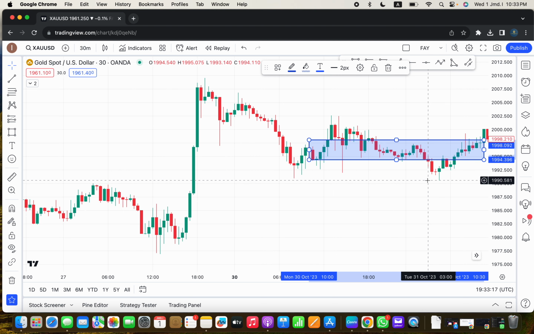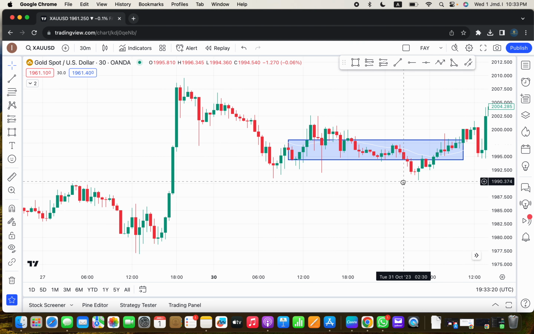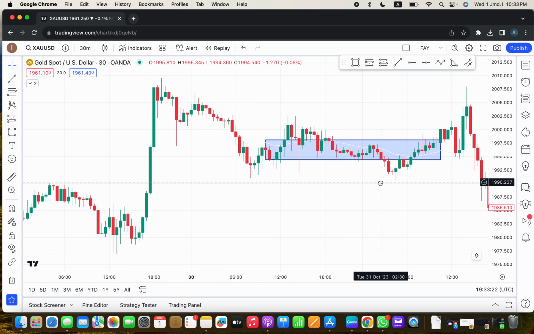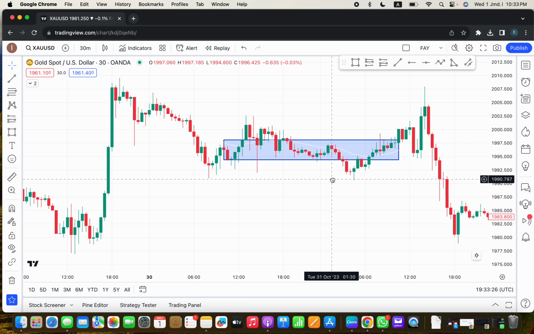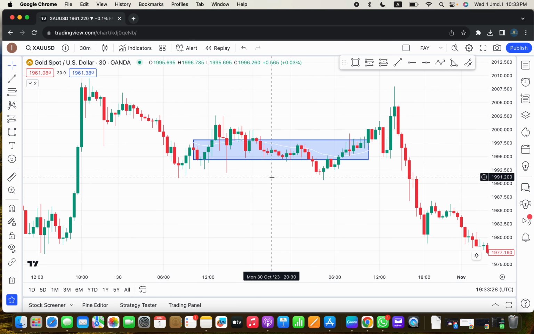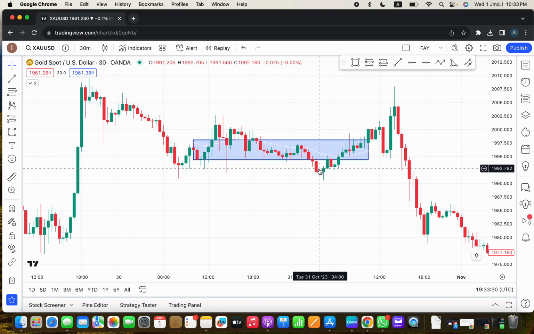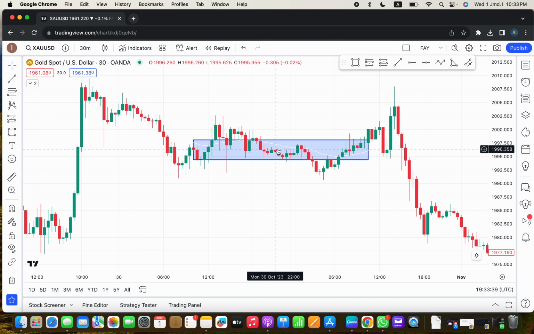So we will continue to look for this structure formation until we get something. Now what is the other thing I will need to look for here? I said it's broken here, and what breaks it is another engulfing candle. This set of red candles engulfs this green candle.